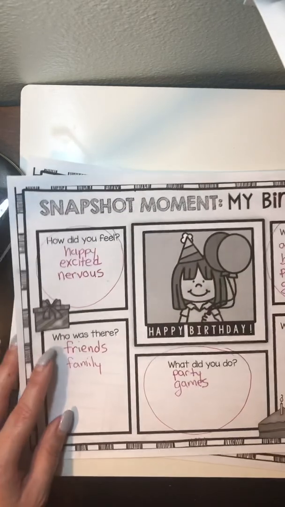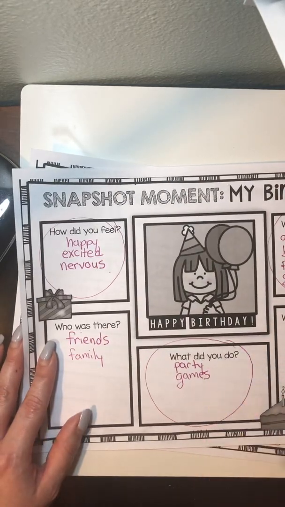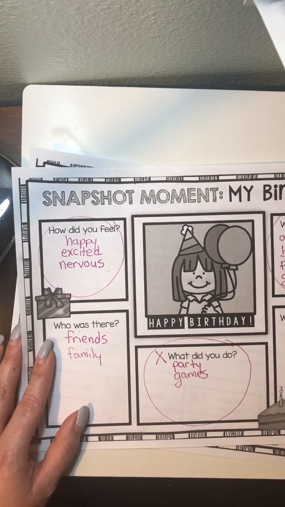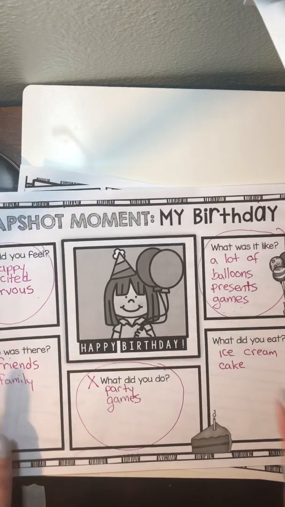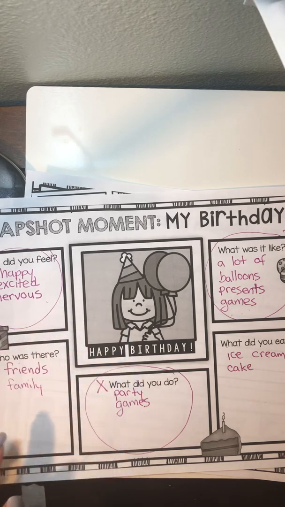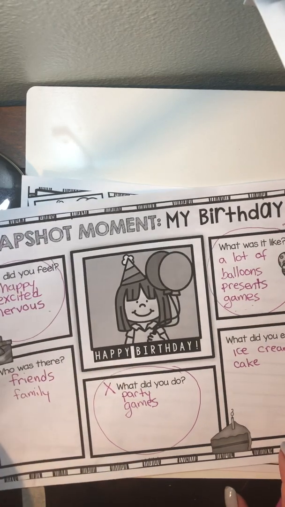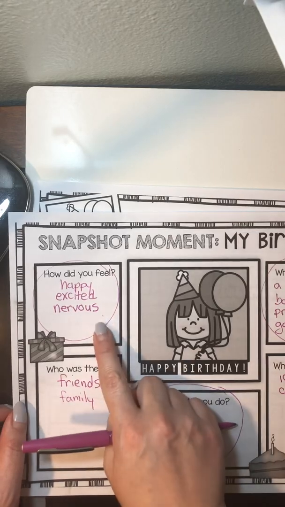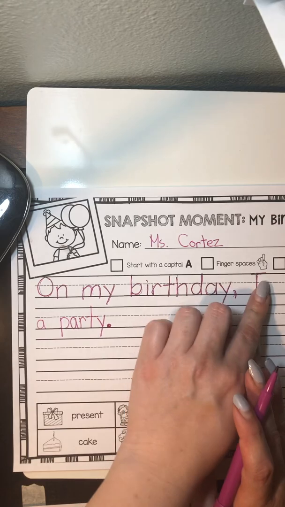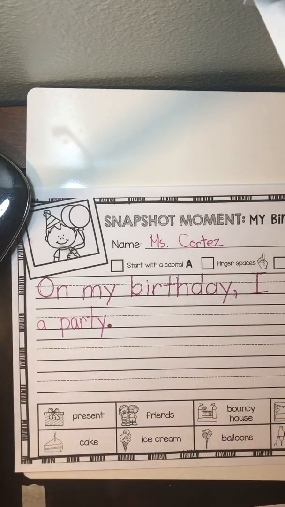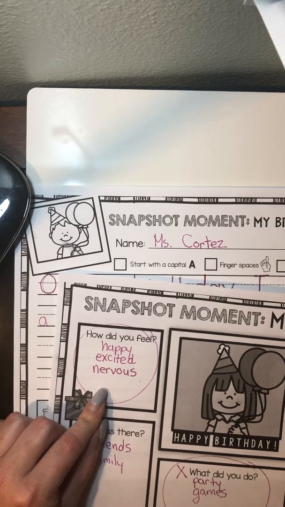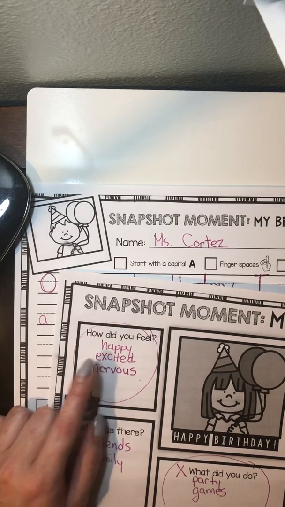So I already wrote one detail. I can put a little X to tell me that I already used that one. So now I have to pick from the other two that I circled. What am I gonna tell in my story? Am I gonna say how I felt or what it was like? I'm gonna tell my reader how I felt. So on my birthday, I had a party. I felt, I'm gonna say excited.